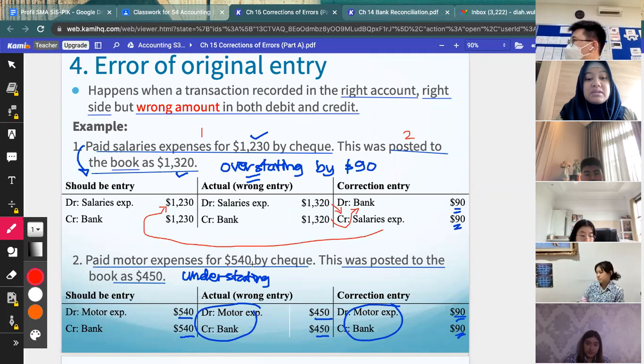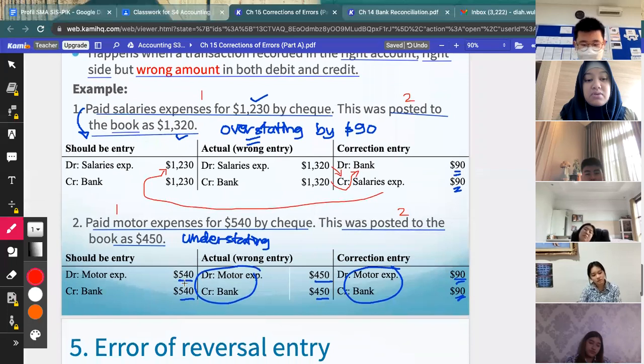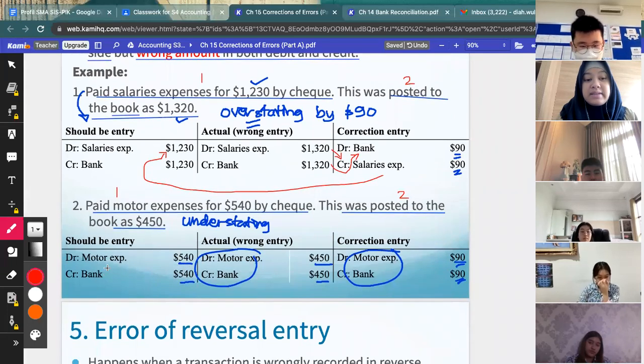Okay, now let's see if you are in the understating case. Paid motor expenses for $540 by check. This was posted to the book as 450. This is the first sentence. This is the second sentence. So motor expenses 540 by check should be recorded with motor expenses in the debit and bank in the credit side.